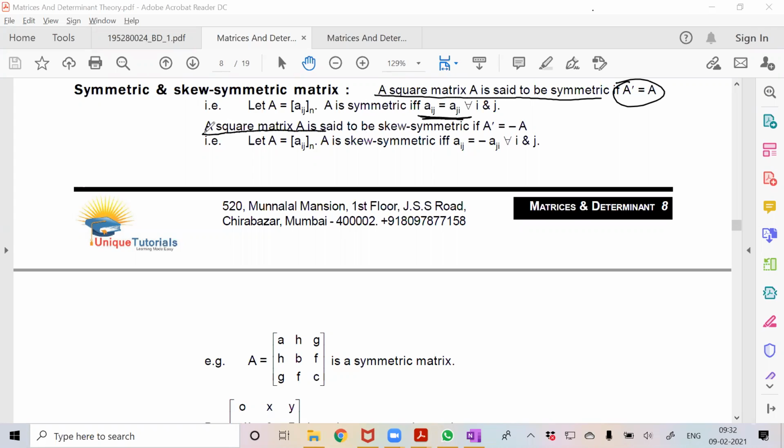A square matrix A is said to be skew symmetric if A transpose is minus A. Means Aij is minus of Aji.